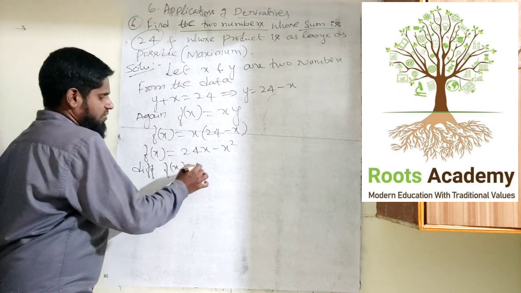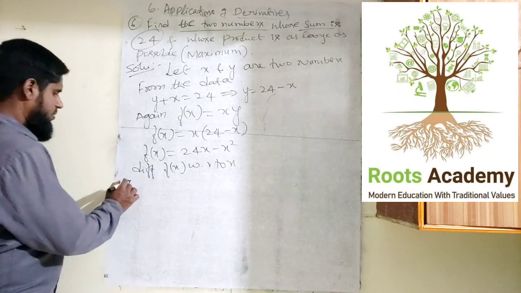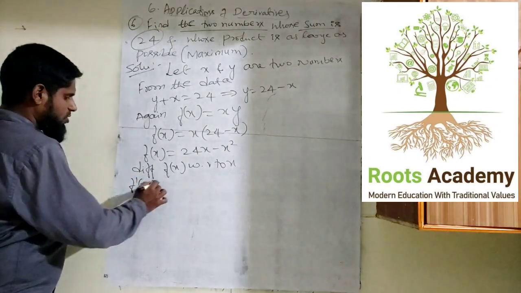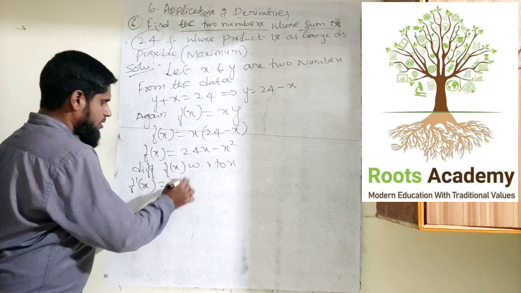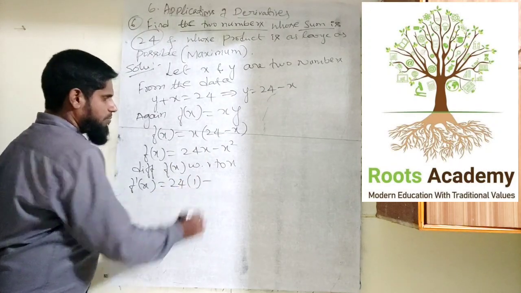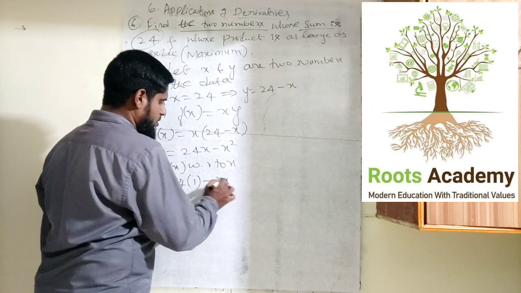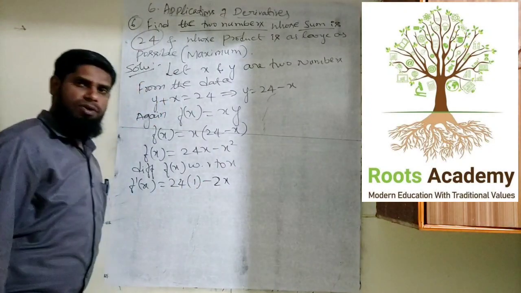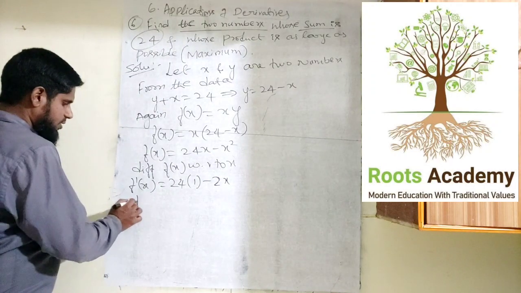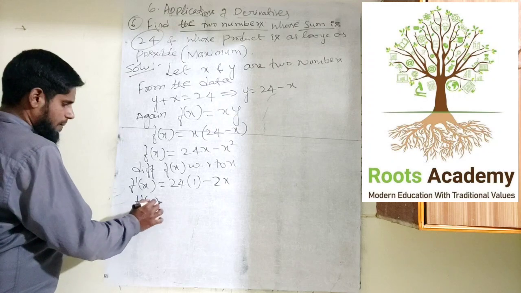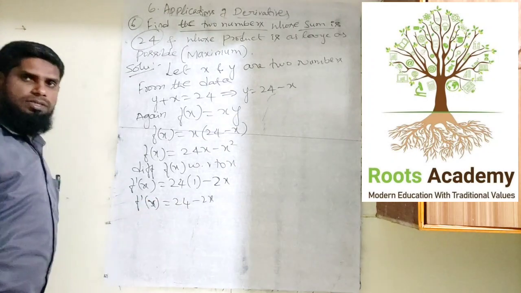Differentiate f of x with respect to x. So what do we get? f dash of x is equal to 24 as it is, derivative of x is 1, minus x square, derivative is 2x. Derivative of x square is 2x. Finally it is 24 minus 2x.